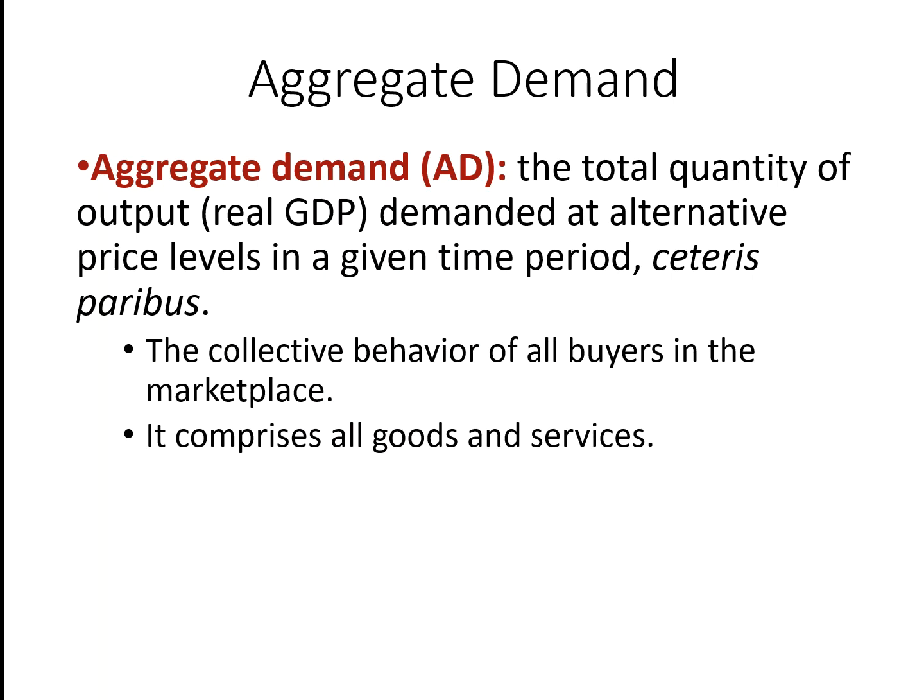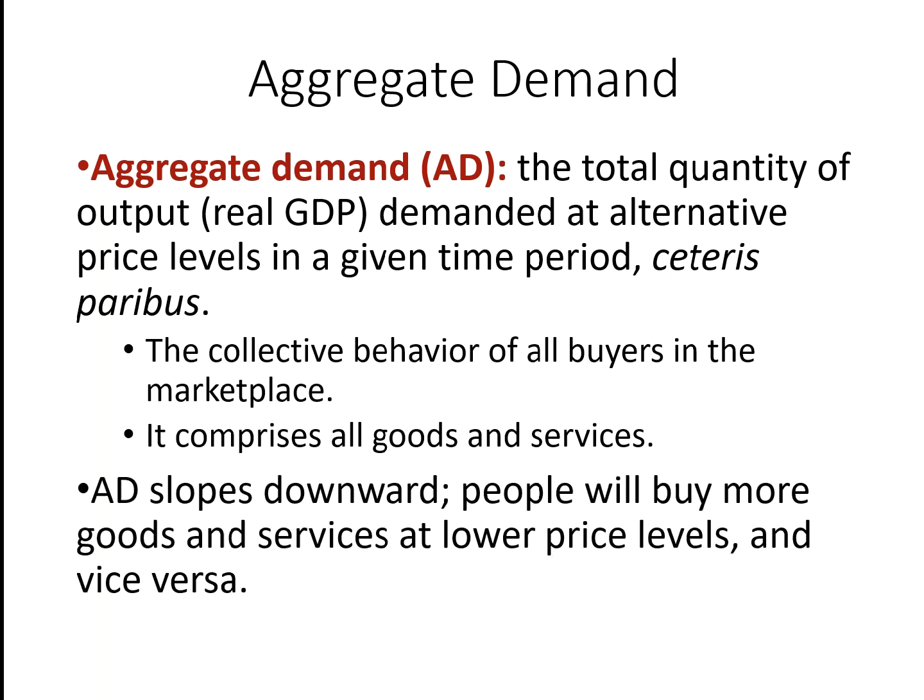Aggregate demand is the collective behavior of all buyers in the marketplace, and it comprises all goods and services. It's not just about you, your family, or your neighborhood. It's about the nation: all buyers, their behaviors, and how they respond to price level changes. It's not just one product, it's a basket of products.